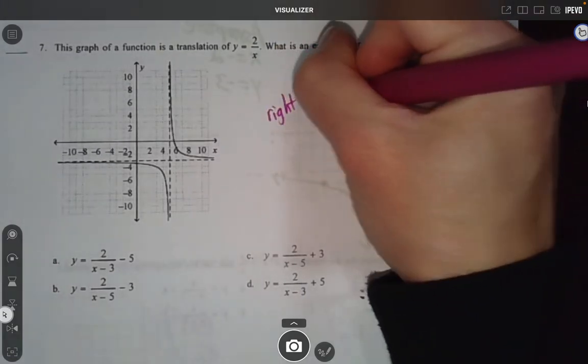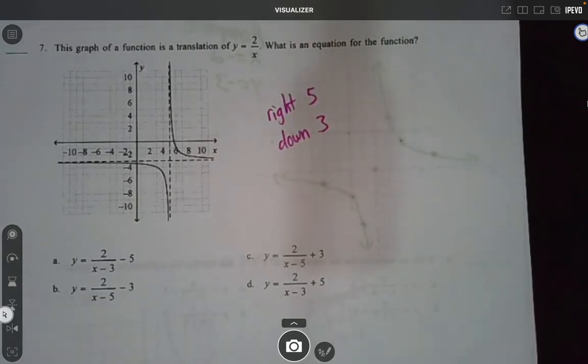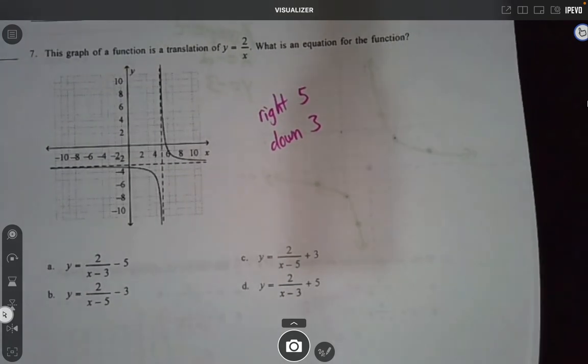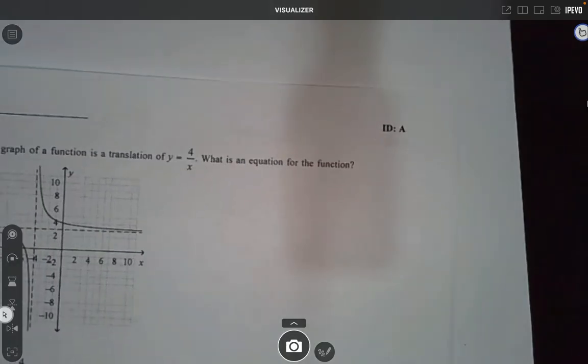It moved to the right 5 and down 3. So now is it A, B, C, or D that matches? B. Let's see. I said right 5, down 3. Yes, it's B. Those aren't so bad, are they? Okay. Same thing, you can do number 8.